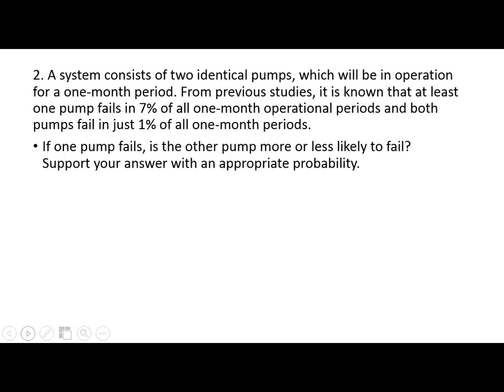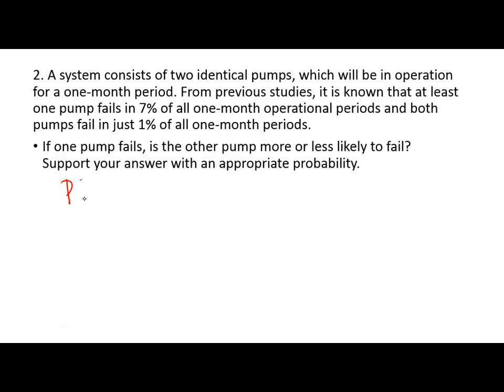So kind of ignoring the comparison for a minute, let's try to figure out what this probability is. So what probability would help me calculate this thing? If I'm assuming one pump fails and I want to know if the other pump fails. Yeah. Probability of B given A. Yeah, there you go.